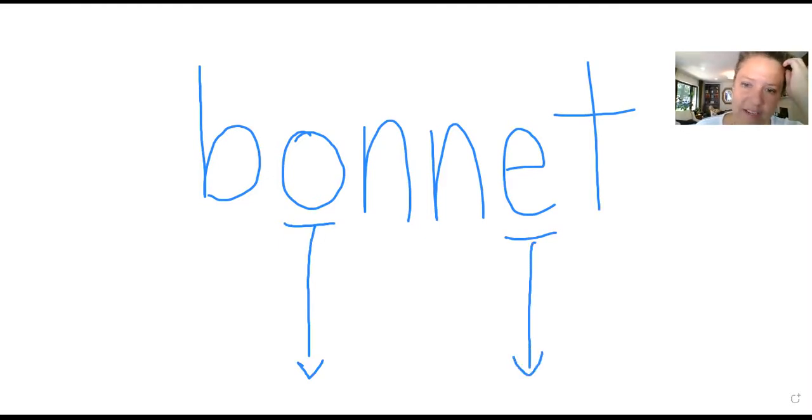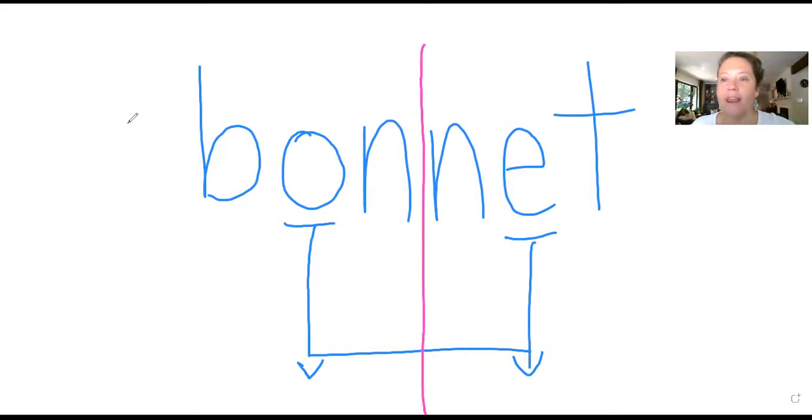And then I draw a line to kind of make a bridge. And you're probably thinking, why am I doing that? So the next step is you're going to look up here and you're going to say, I have some letters here that do not belong together, meaning that they don't blend together. And those two letters are N and N. So we're just going to divide right here. And now we have our two syllables.